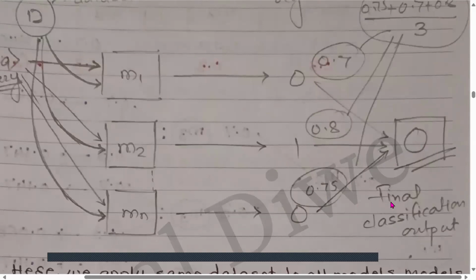If the final classification output is 0, it means the majority of outputs are 0.